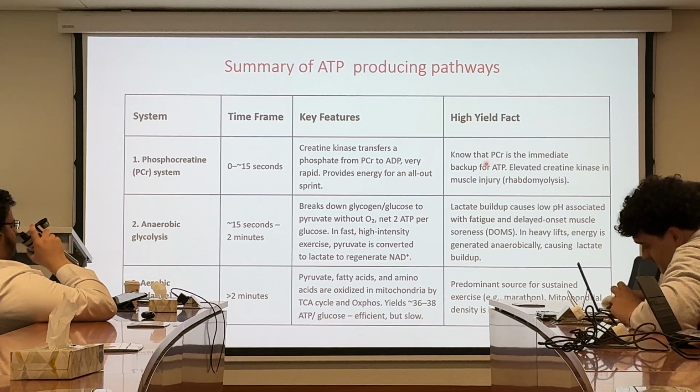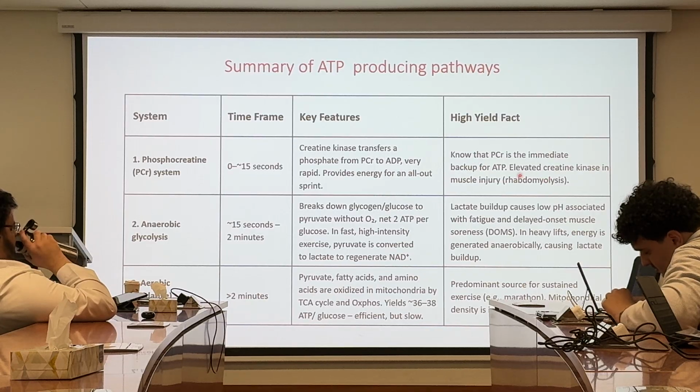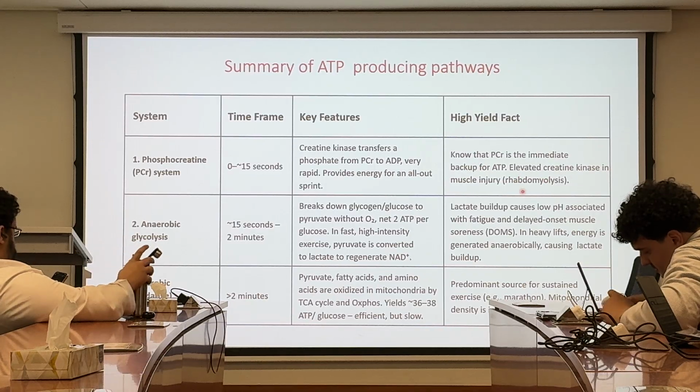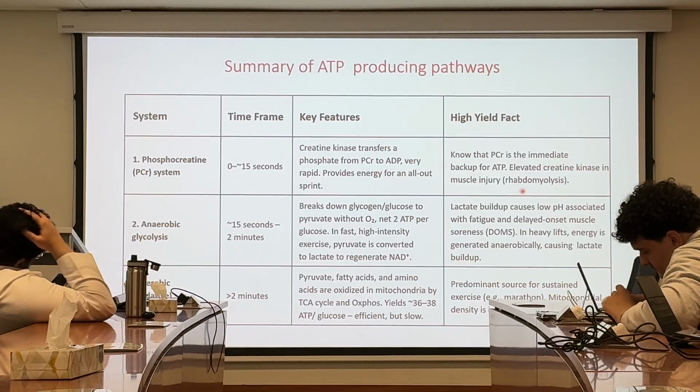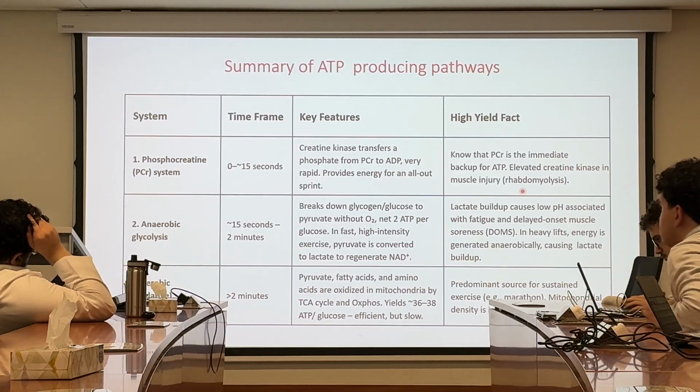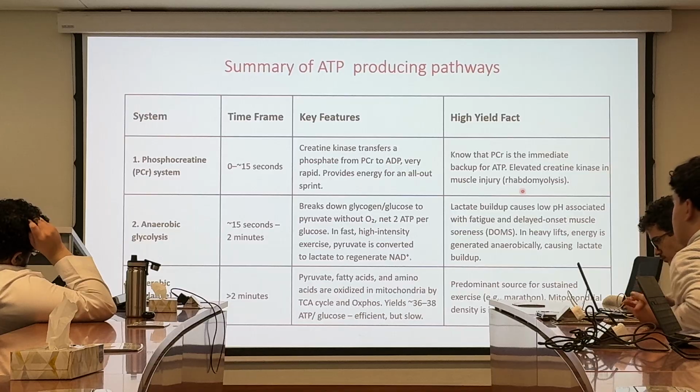Again, the thing to know is it is an immediate backup for ATP when you start exercising, obviously. Elevated creatine kinase is a marker for something that's breaking down. Because we are doing MSK, it will be skeletal muscle, and that's called rhabdomyolysis. Obviously, if you're doing the heart, then it is cardiac muscle, in which case it's myocardial infarction. Okay?